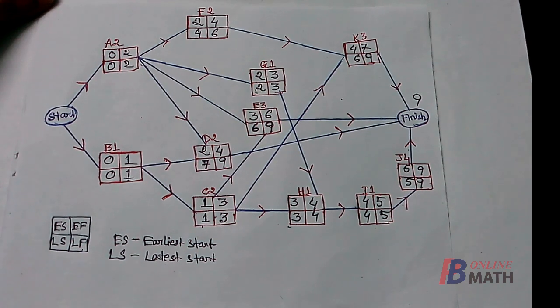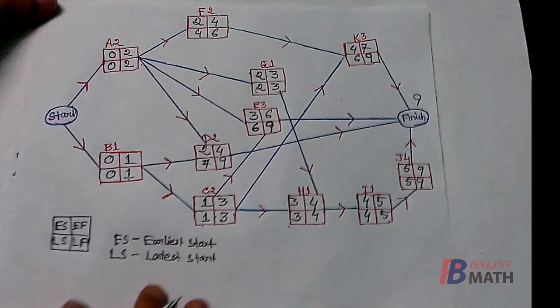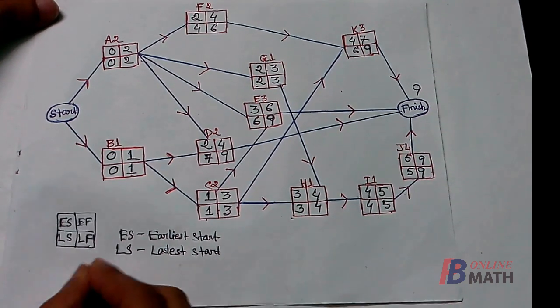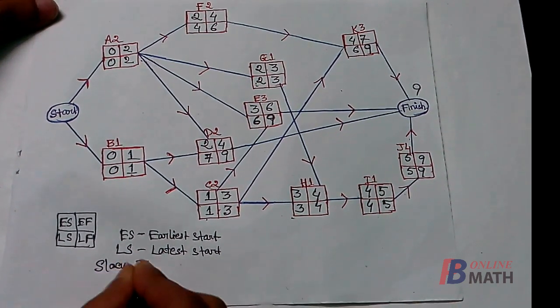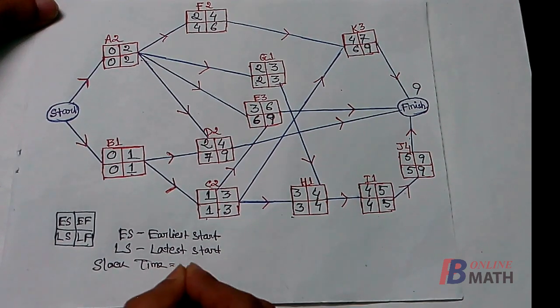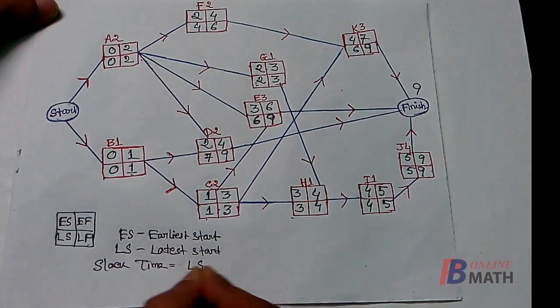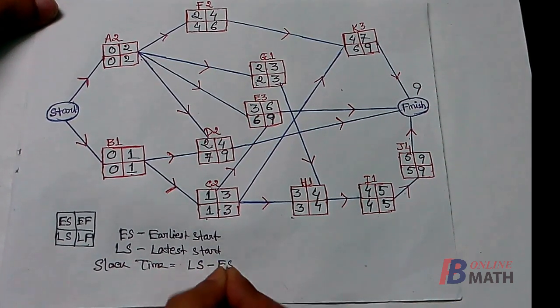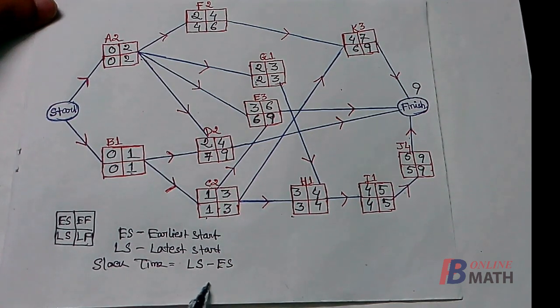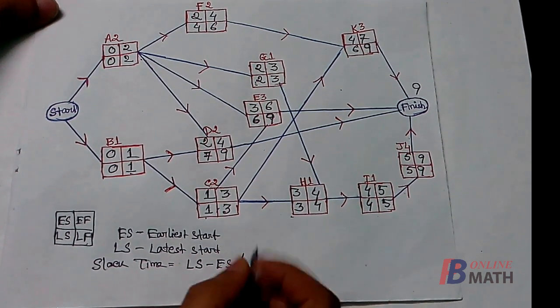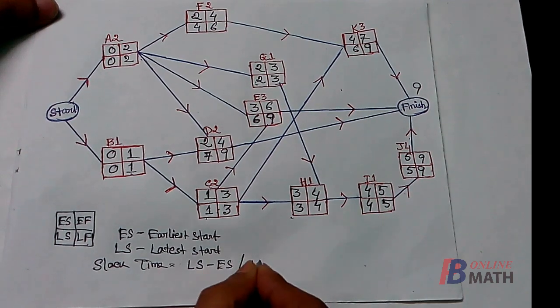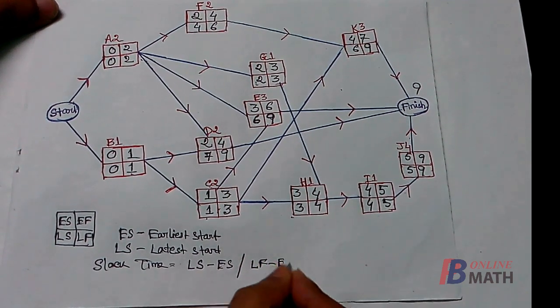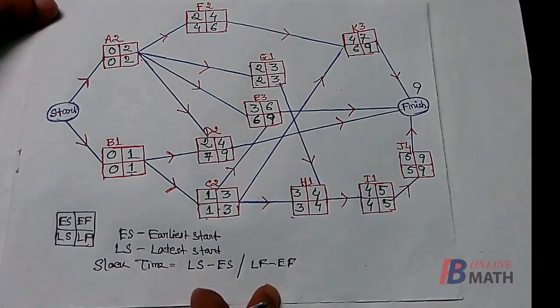So these are the latest start time and latest finish time of the activities. Next we shall find the slack time for each activity. Now we shall define the slack time as LS minus ES. That means latest start time minus earliest start time, or alternatively we can calculate it by LF minus EF, latest finish time minus earliest finish time.